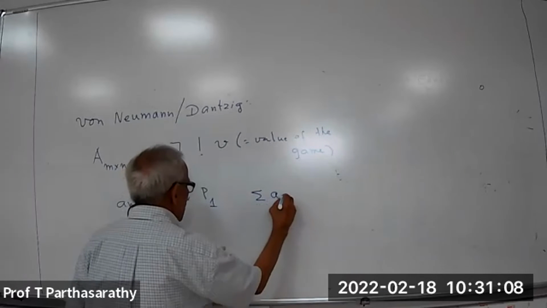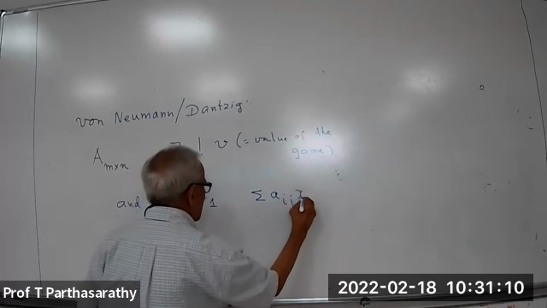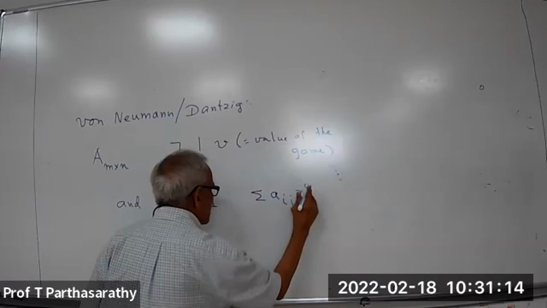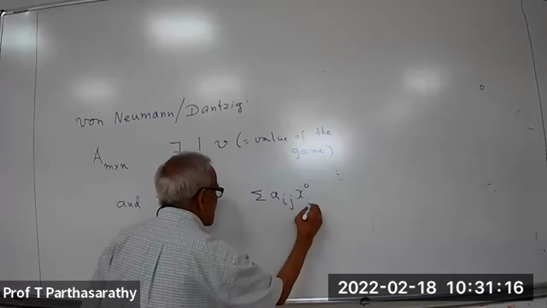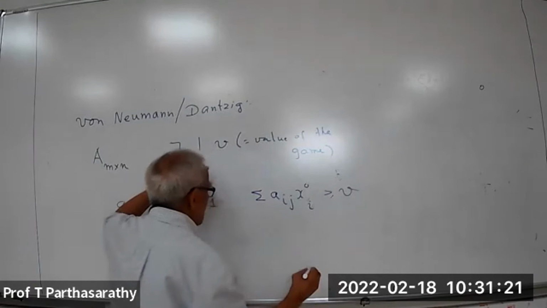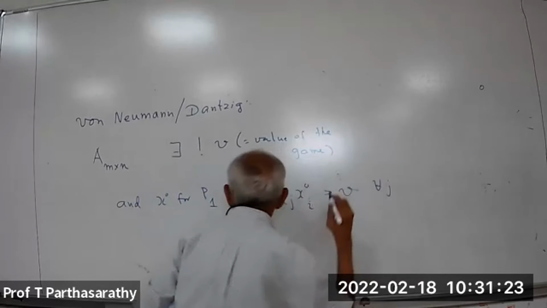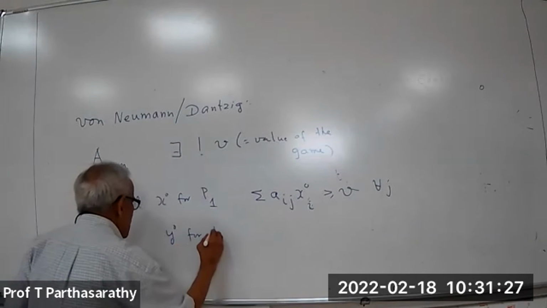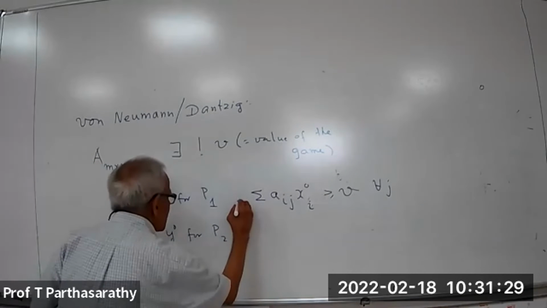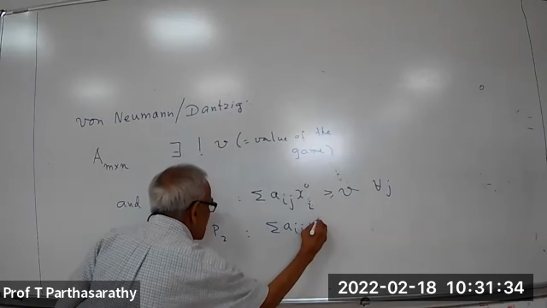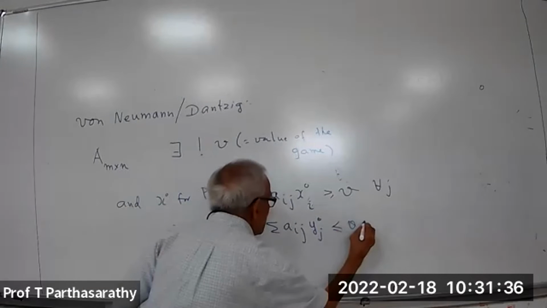That does the following: summation Aij x naught i, I'm sorry, x naught i, is greater than or equal to V for all j, and y naught for P2 such that summation Aij yj naught is less than or equal to V for all i.